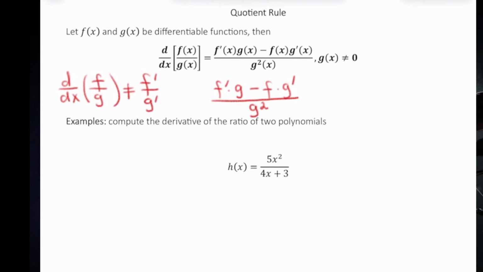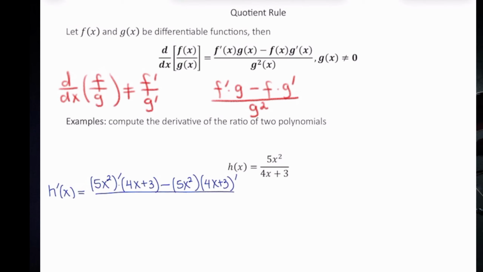The first problem says compute the derivative of h of x, where it is a rational function, 5x squared over 4x plus 3. To compute h prime, I'm going to apply my formula first. That would be 5x squared prime times 4x plus 3 minus 5x squared times 4x plus 3 prime.